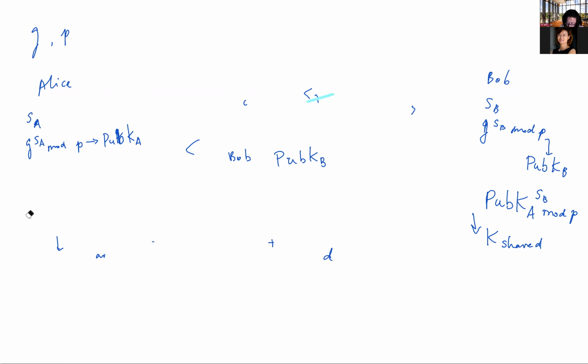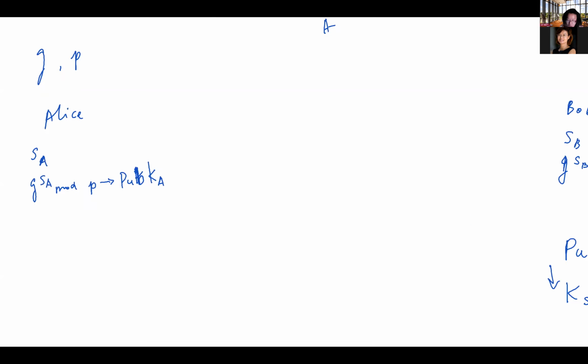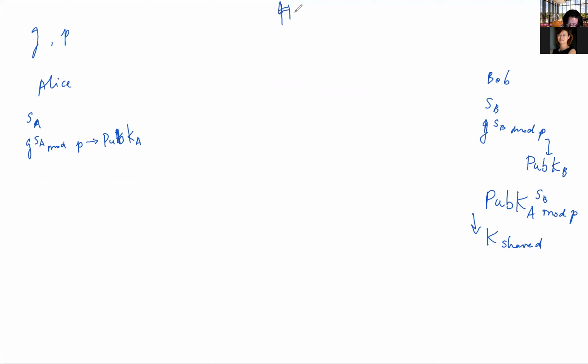The problem is that when you say, hey, this is my key, I'm Alice, I'm Bob, but then is it really you, right? So you may have a man in the middle attacker. So let's just call it hacker.